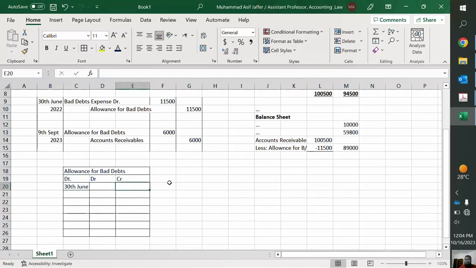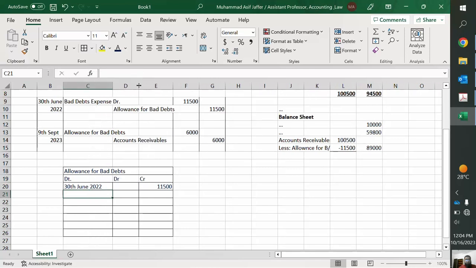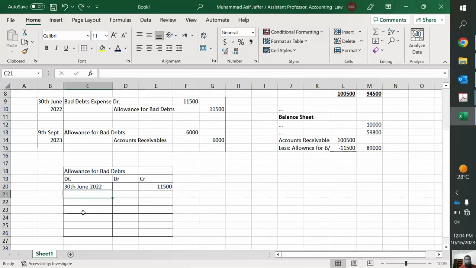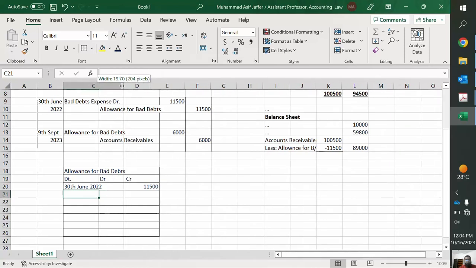So it was credited by 11,500 on 30th June 2022. Let's make it this way so it makes more sense. And now on 9th September of 2023, what happened? We have to keep it this way.